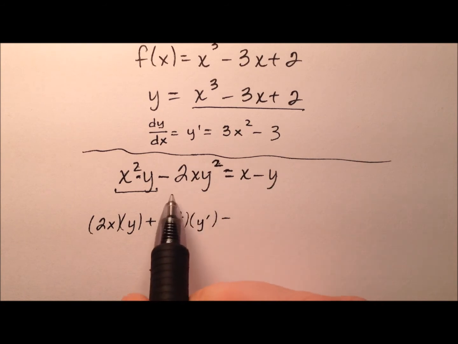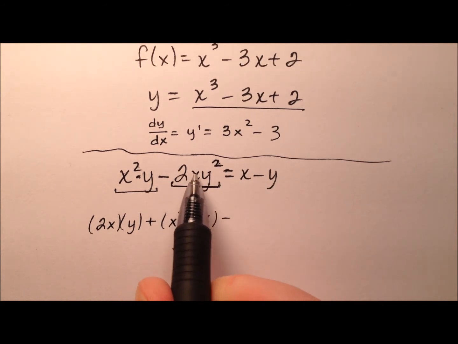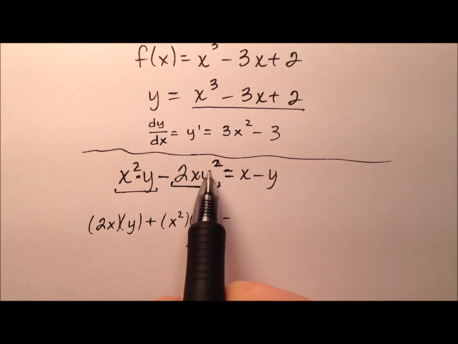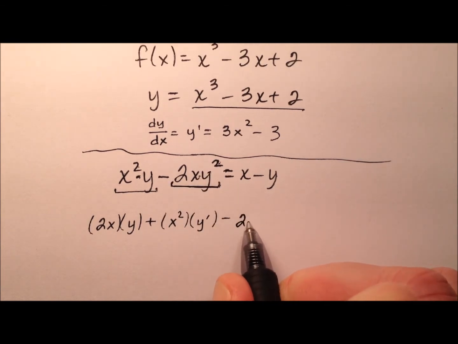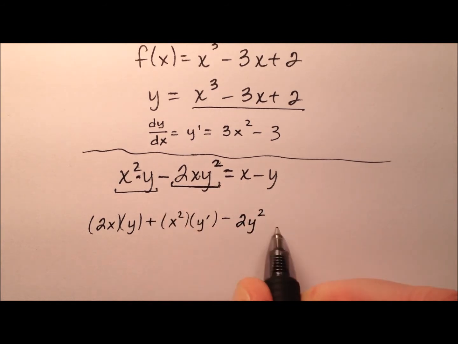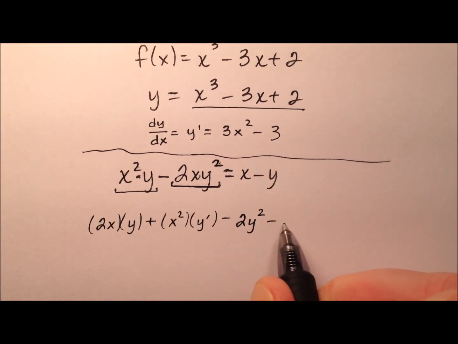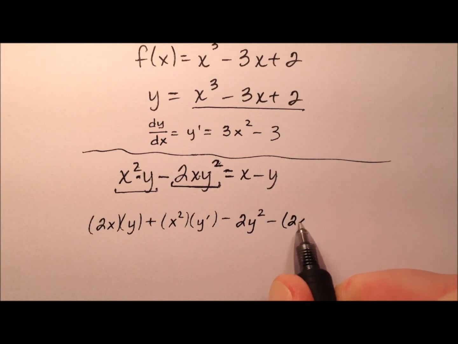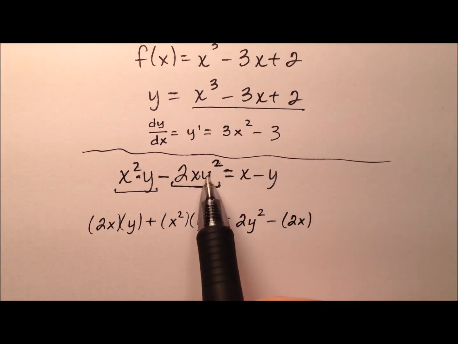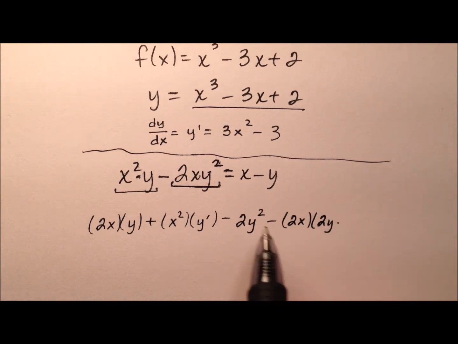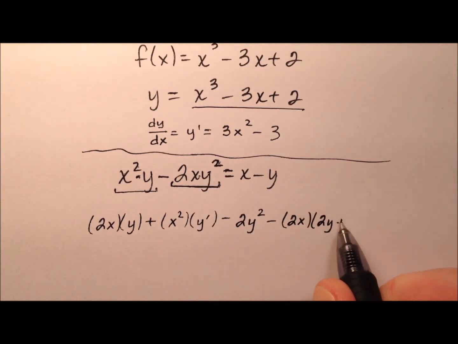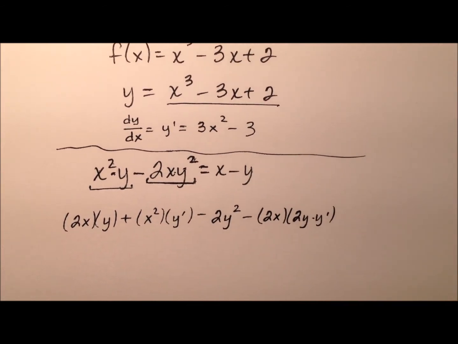Okay, minus, and now we'll need to use the product rule again. So we have 2x, and that's being multiplied by y squared. The derivative of the first is 2, times the second, and then we'll carry this minus through. And then we're going to multiply the first times the derivative of the second. The derivative of y squared is 2y, but we differentiated a y, so I'll need to include a y prime with it.